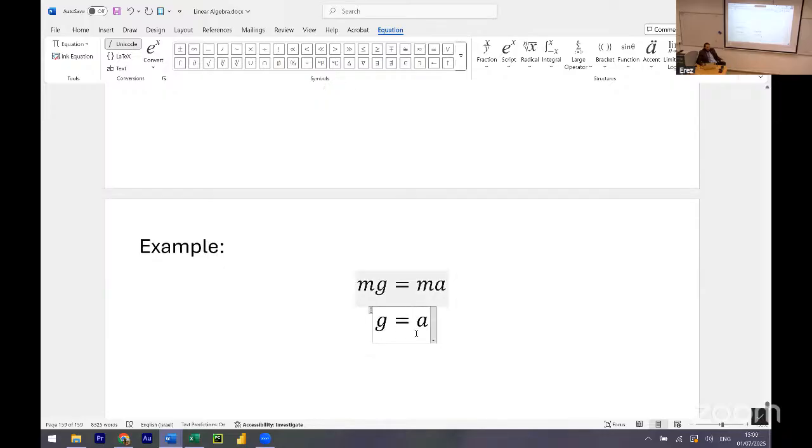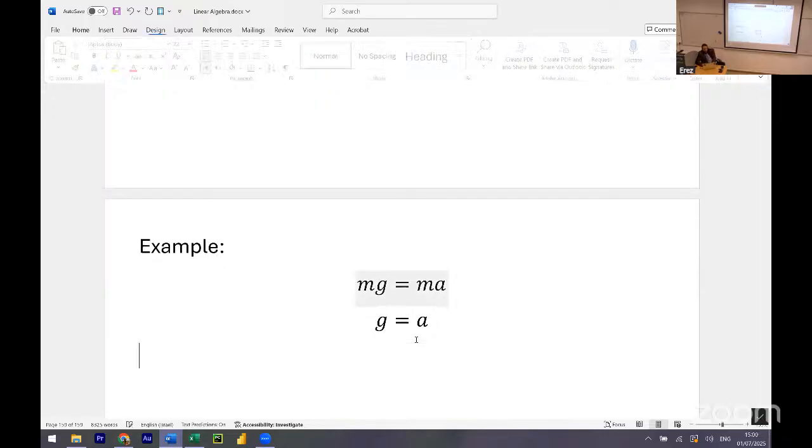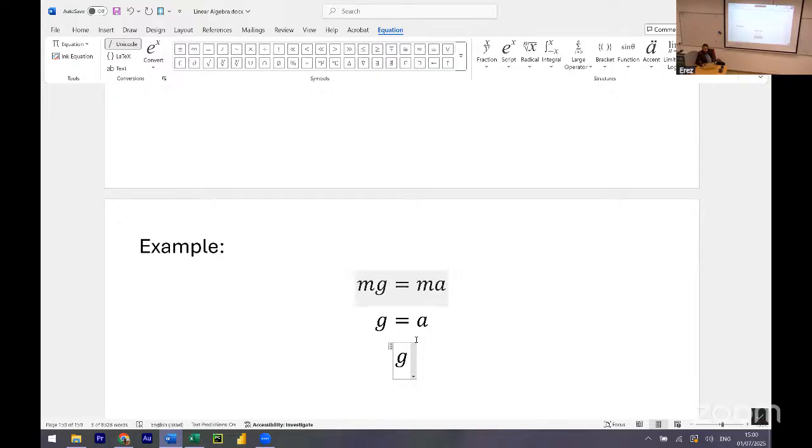But g equals a. Now, what is a? A is the second derivative of the height, right? So now that's a calculus question, but if the second derivative is a constant, what does it mean about the first derivative? It's a linear equation.